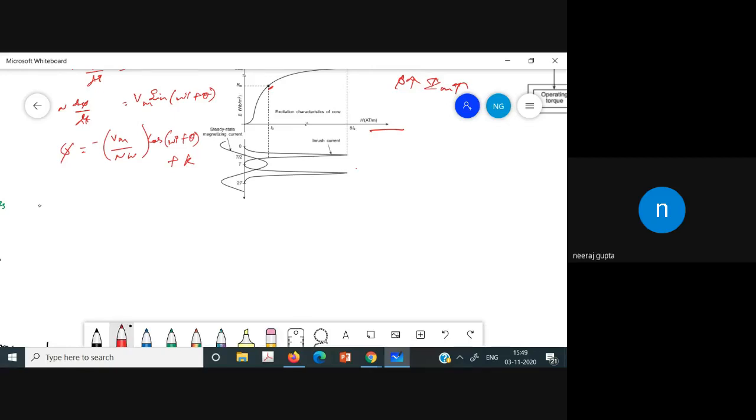Now the value of k can be found from the initial conditions, that is, at t equals 0, phi equals phi r, which is the residual flux.